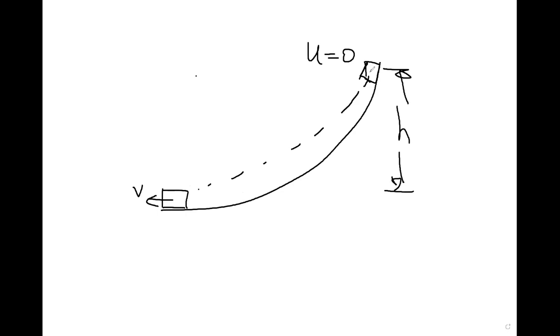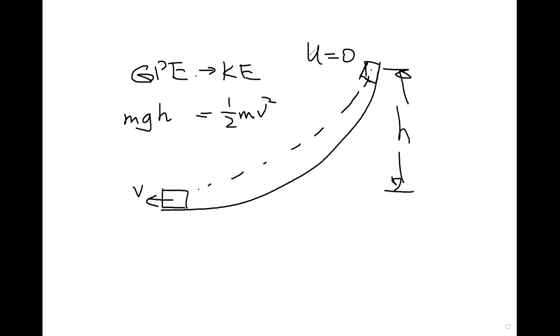First of all, you need to know how the energy transforms from one kind to another. The gravitational potential energy is converted to kinetic energy. The gain in kinetic energy will be half mv squared. The loss in gravitational potential energy will be mgh.